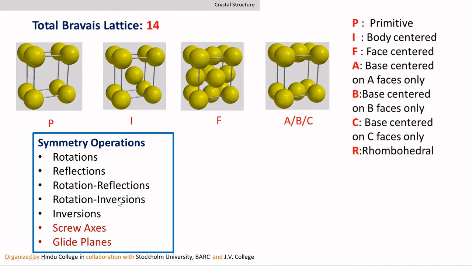Now, for all crystal systems, these 7 symmetry operations can form 230 space groups. So when it was a spherically symmetrical object, there were 32 point groups. But once they are not spherically symmetrical, we have 230 space groups.